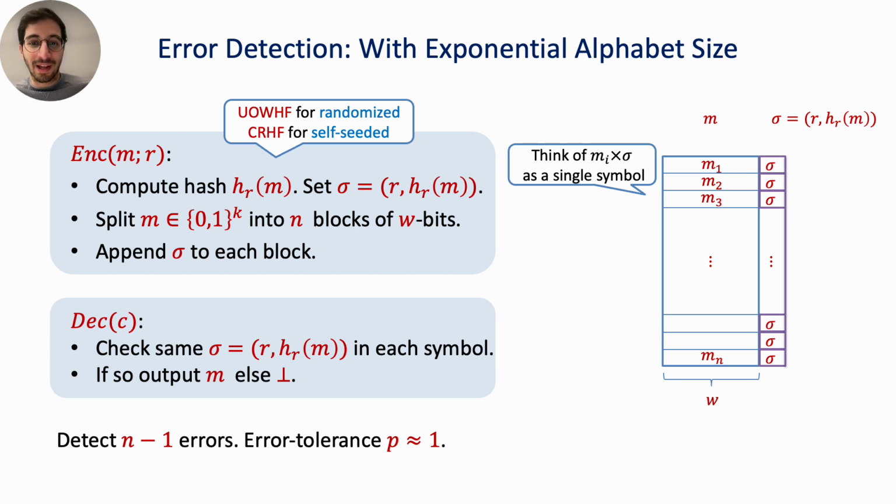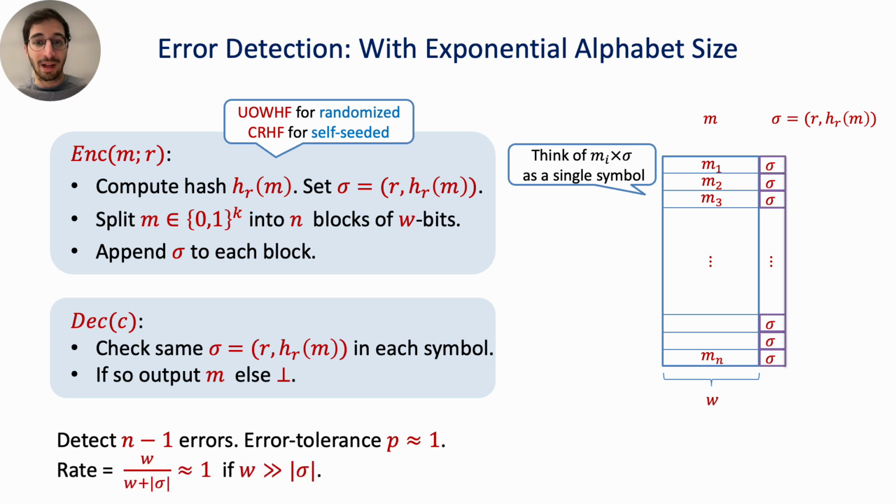If I changed all symbols except one of them, you're still able to detect, because you can look at sigma and see that it's not the same. Here we're using the fact that the hash itself is committing to the message. Since this hash is shared across all of these symbols, if you change any of the symbols, you also had to change the hash.